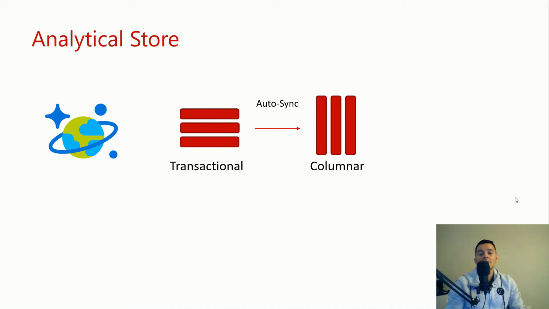I believe under the covers what is happening is that the Cosmos DB data is getting materialized as Parquet files by a different engine that Microsoft has put in there that does an automatic sync from your Cosmos DB transactional store into this columnar store.